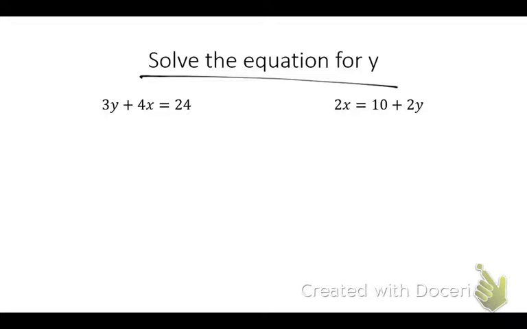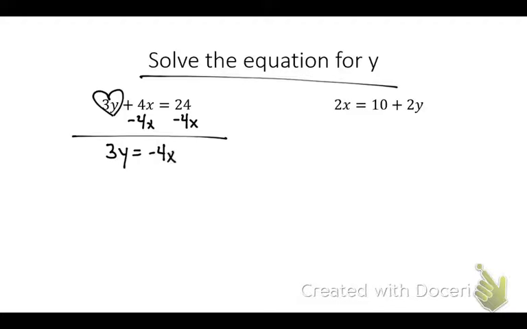So I need to solve for y. That means my heart goes around the 3y. How do I move 4x to the other side? Subtract it. But can I subtract 24 minus 4x? No. So I have 3y equals, what do I bring down next? Negative 4x plus 24. Why was it plus 24?